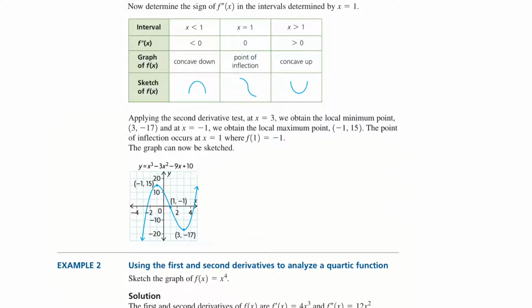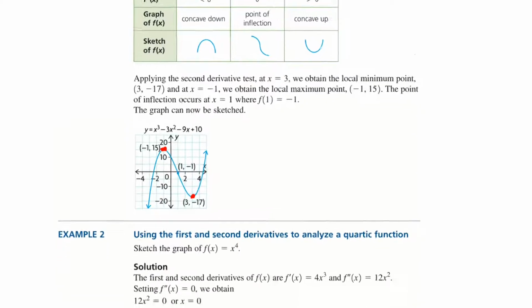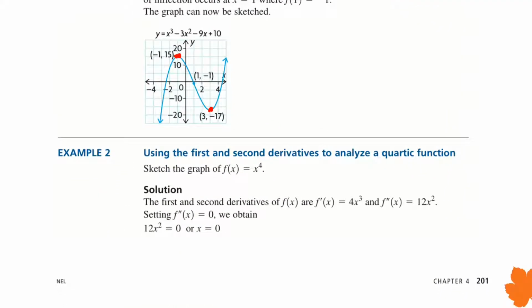We used the second derivative test and found negative 1 and 15 is a local maximum, 3 and negative 17 is a local minimum, and 1 and negative 1 is the point of inflection.